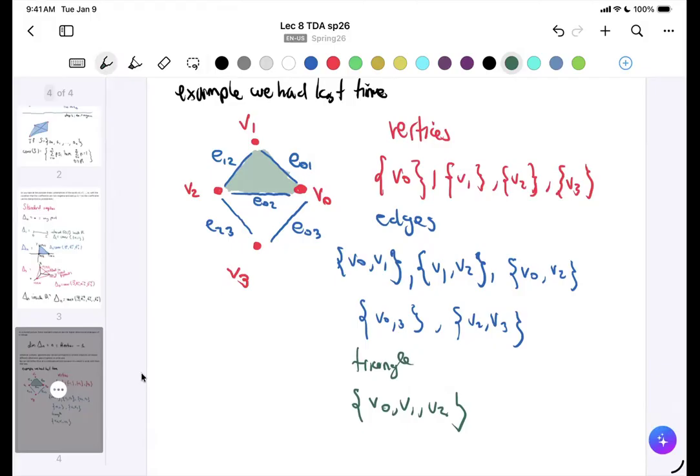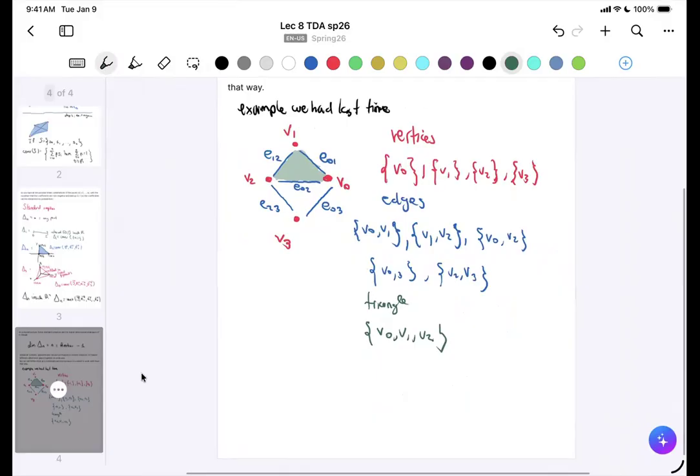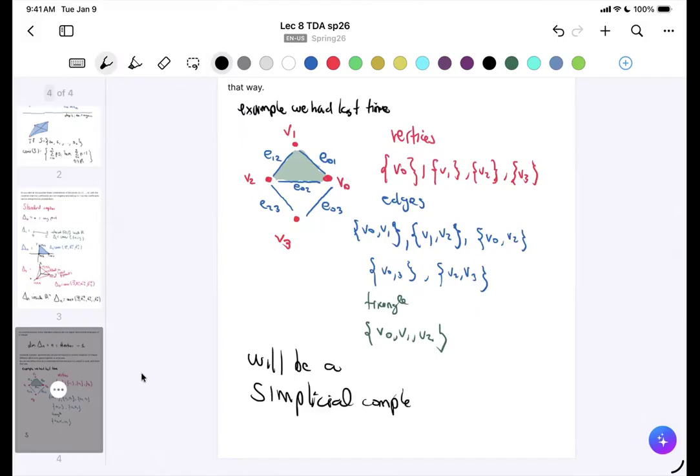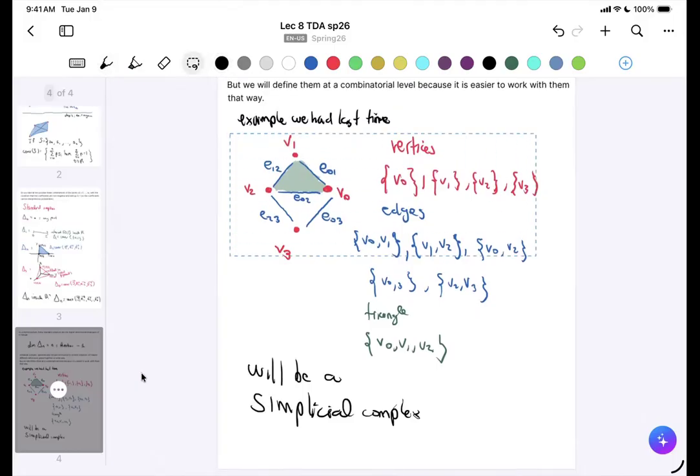So this will be a simplicial complex, but the next one is not going to be one.